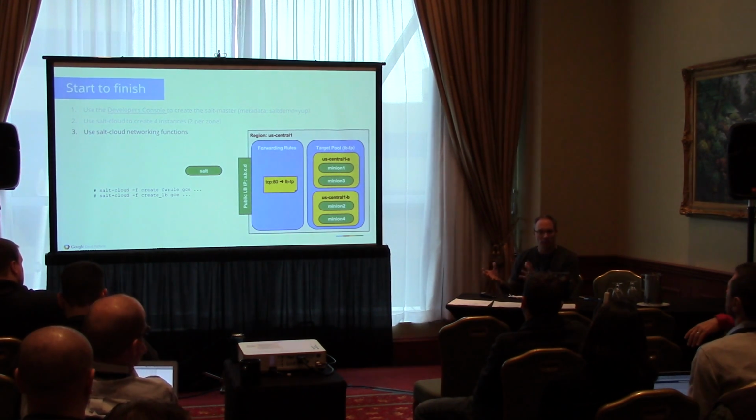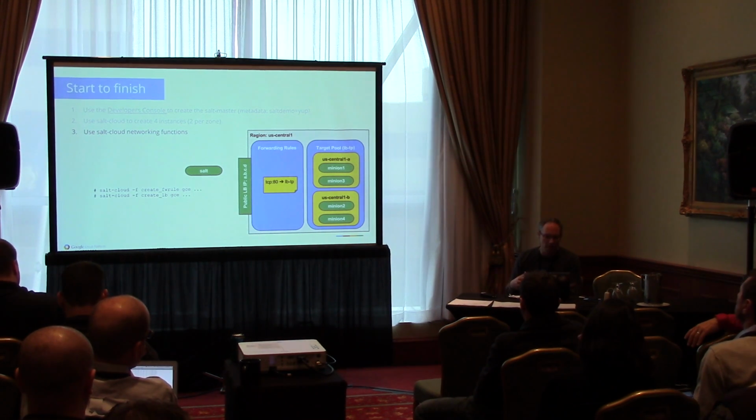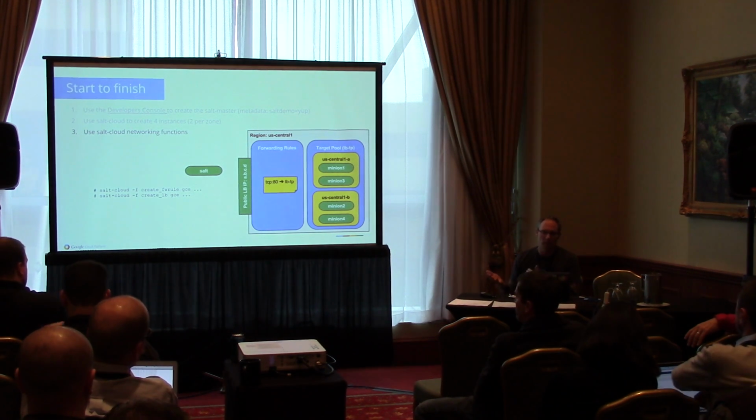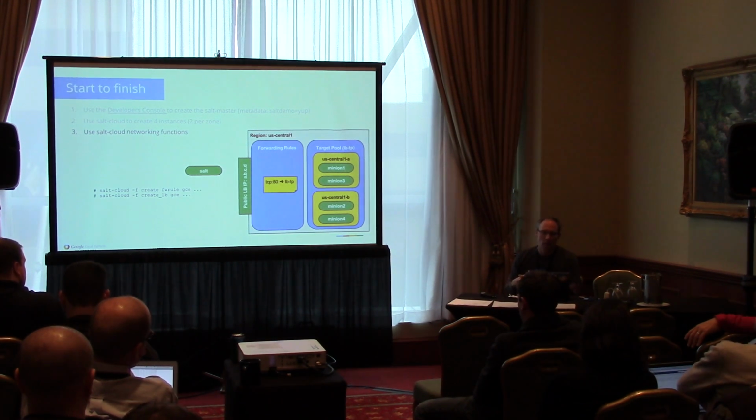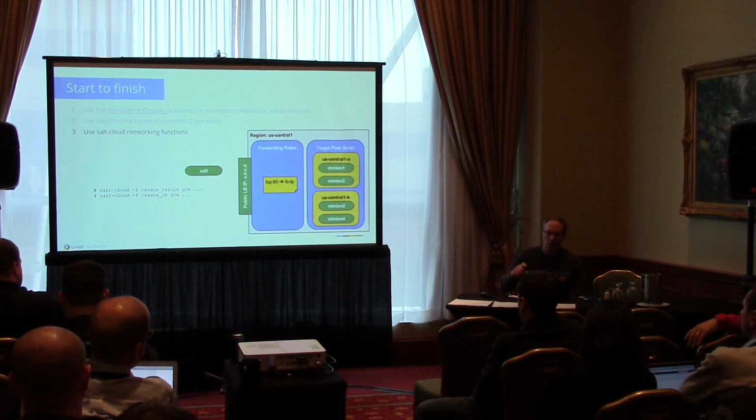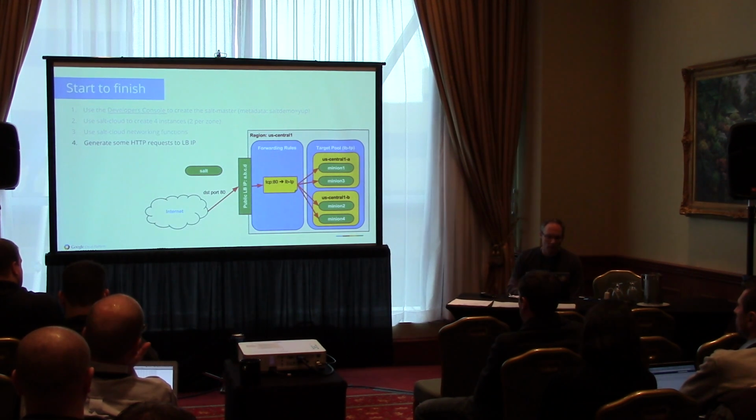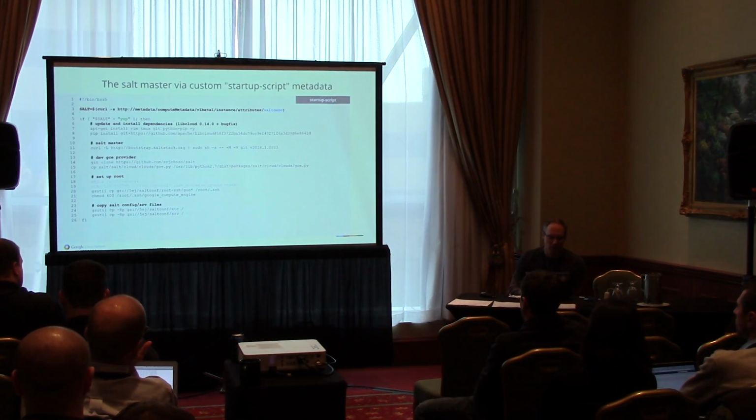So we have to set a special firewall rule that says go ahead and let TCP 80 traffic come in. Then we're going to create the load balancer object, which will specify both the forwarding rule for TCP port 80 as well as these 4 minions in the target pool. And then we'll generate some HTTP requests just to prove that it actually works.